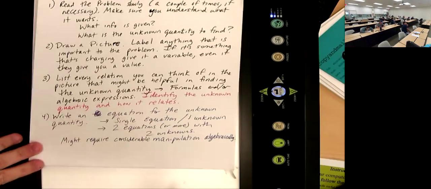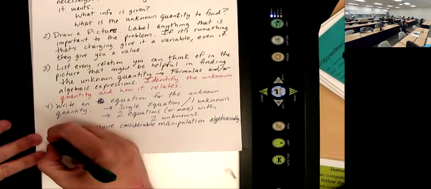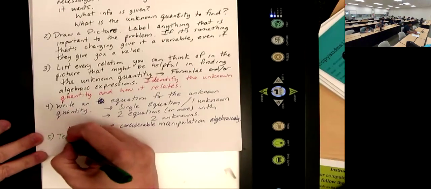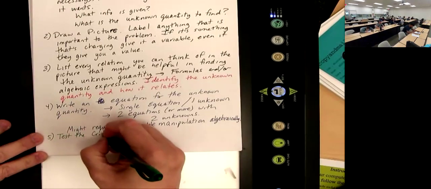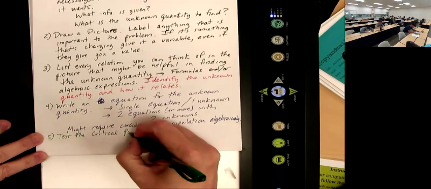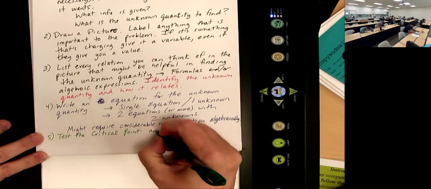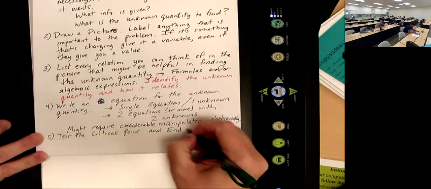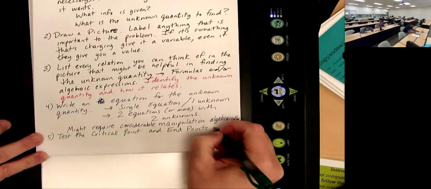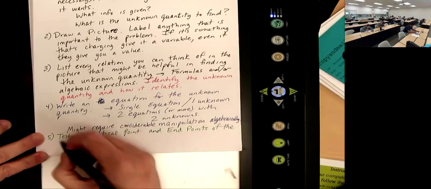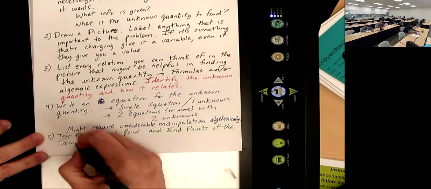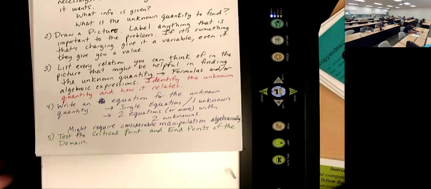Doing this is going to get us some critical points, at least one, if not more. Test the critical points and endpoints of the domain. If we're looking for a max or a min, we don't care if it's in the middle or at the edges, we want the max.